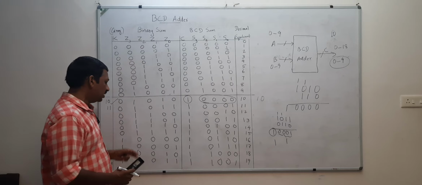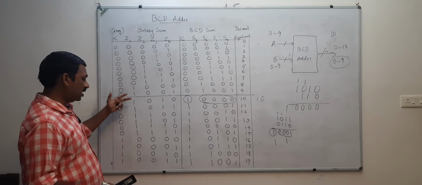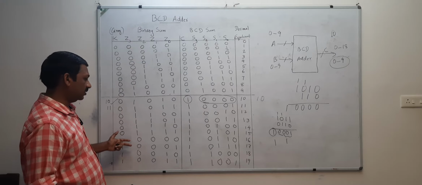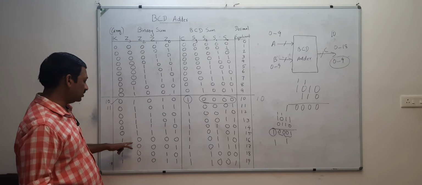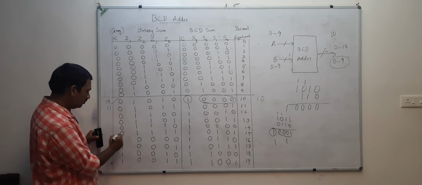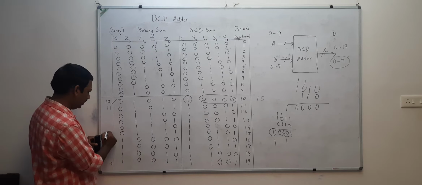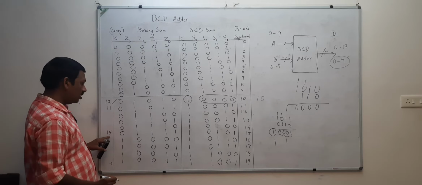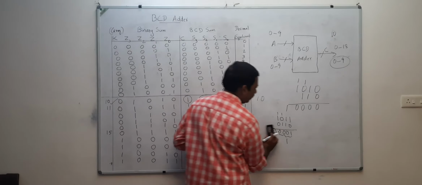That means that process is repeated. For all these cases you have to repeat the process, up to 15. In the case of 15, what will happen?